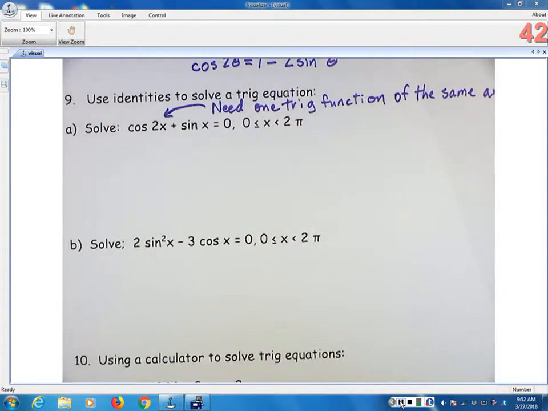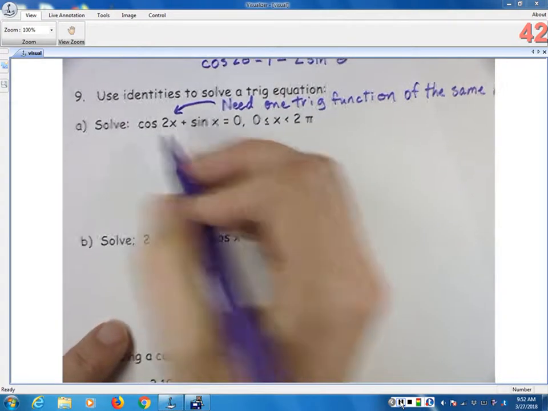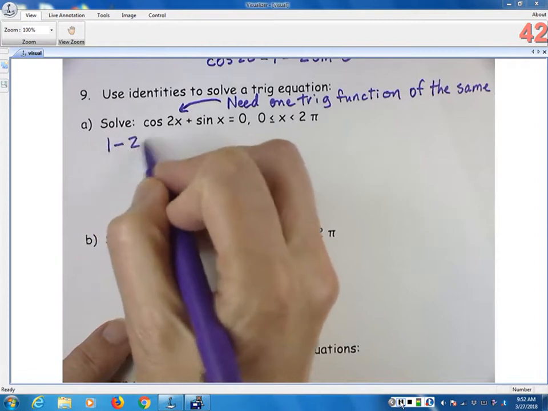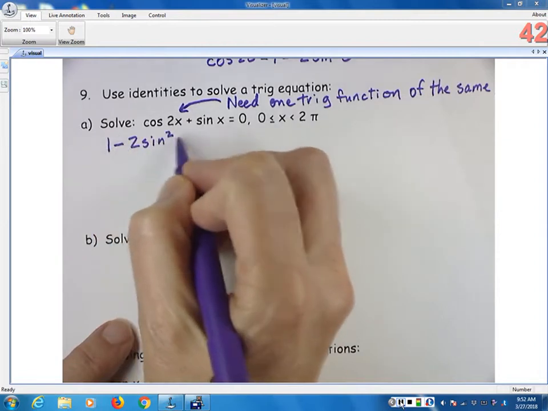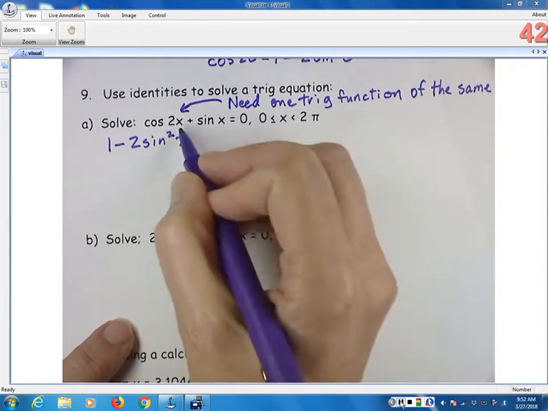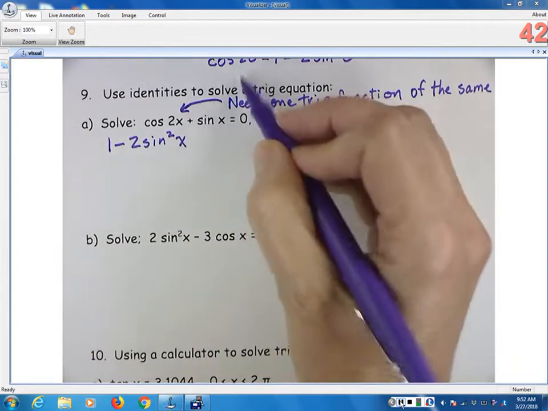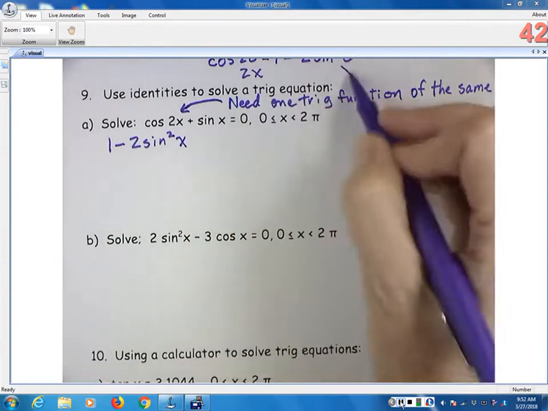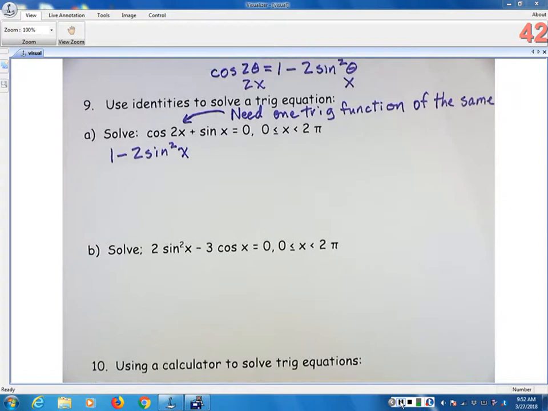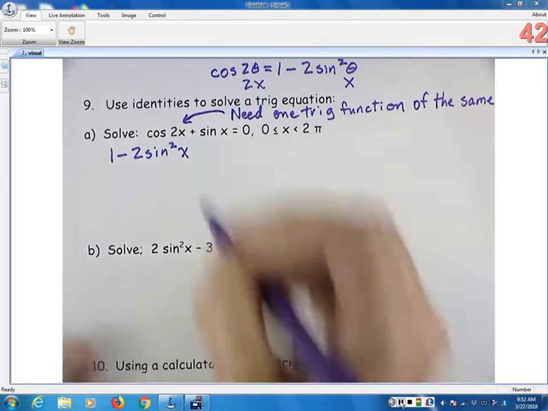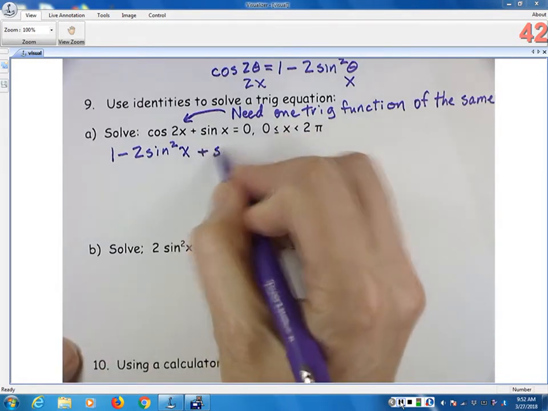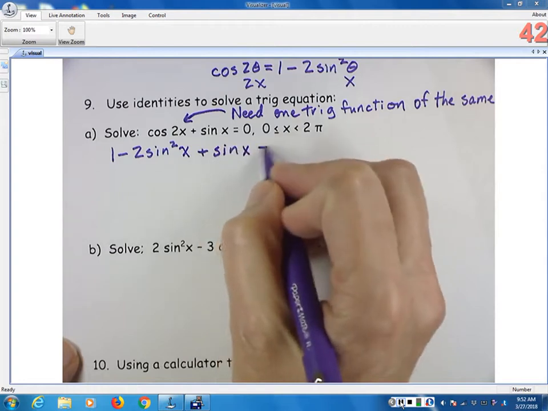Okay. All right, so we have 1 minus 2 sine squared x. Oh, yeah. 2 theta, so 2x, and this would be x. Make sure this is number 9. Yep. Plus sine x equals 0.